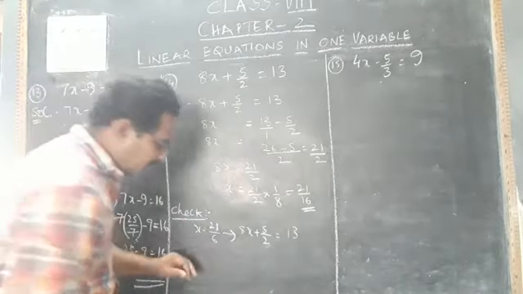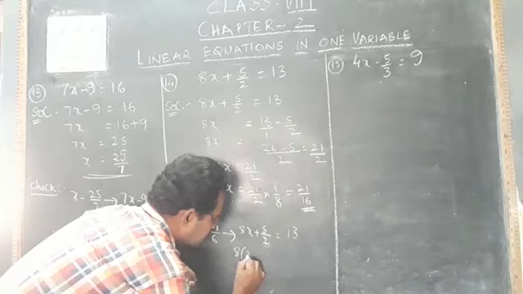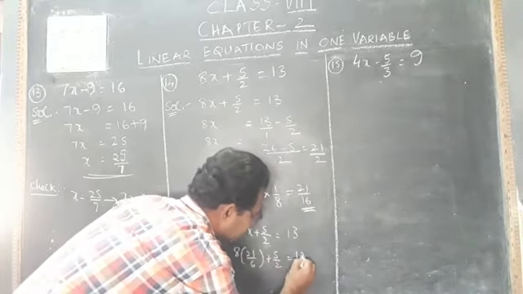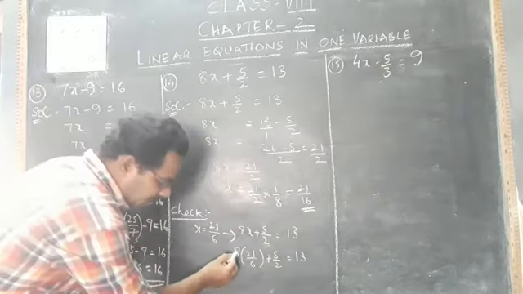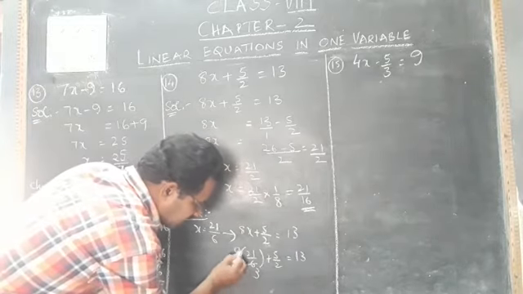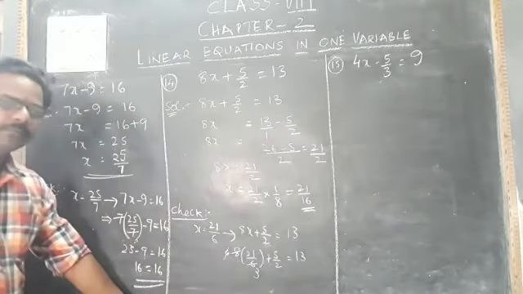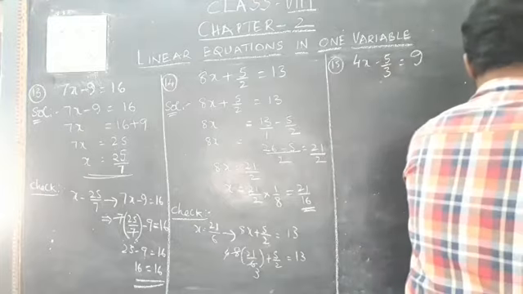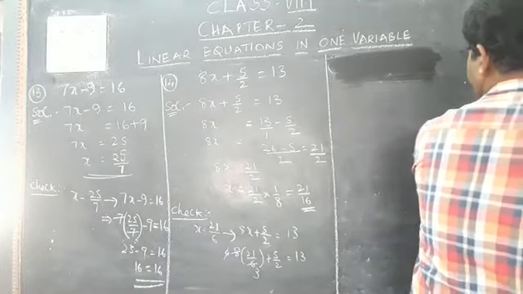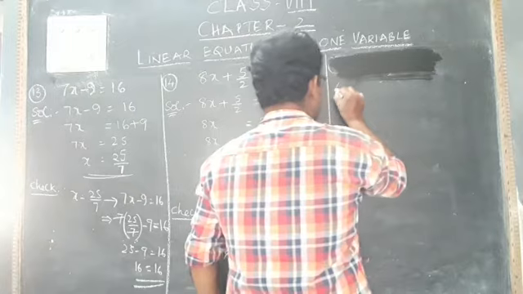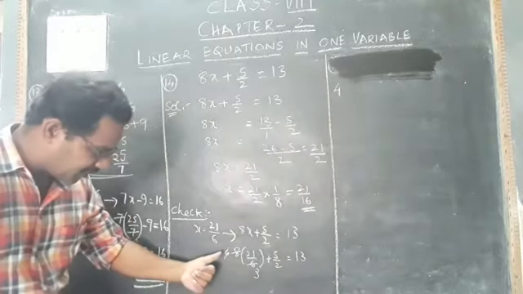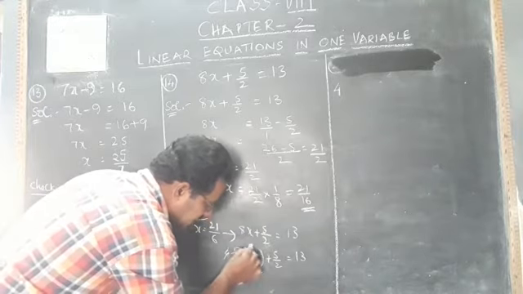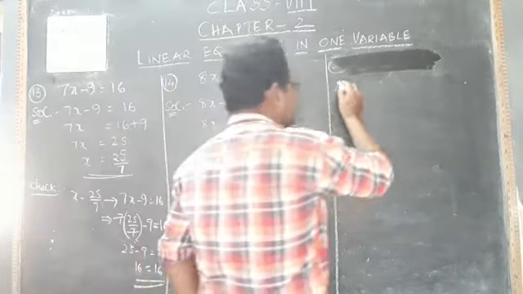So 8 into 21 by 6 plus 5 by 2 is equal to 13. 8 and 6 in 2 table, 2 threes are 6, 2 fours are 8. Okay. For the simplification, 4 into 21 by 3, 21 by 3 means 3 sevens are 21, so 7 fours are 28.